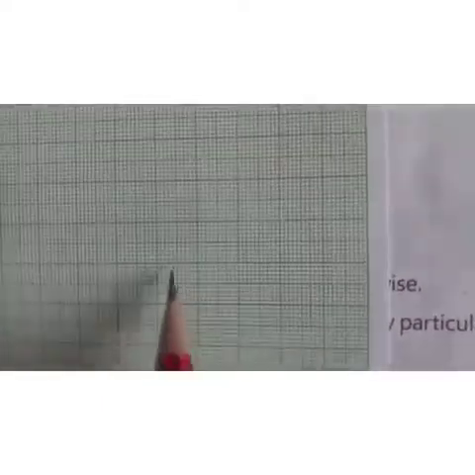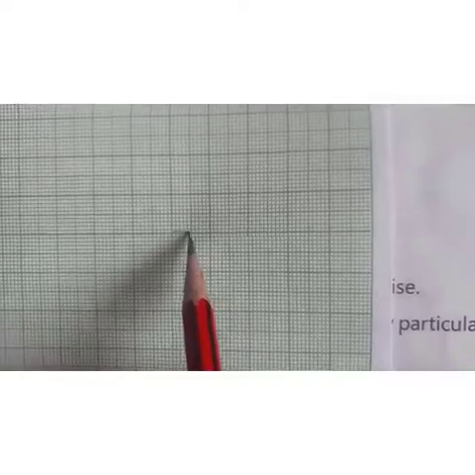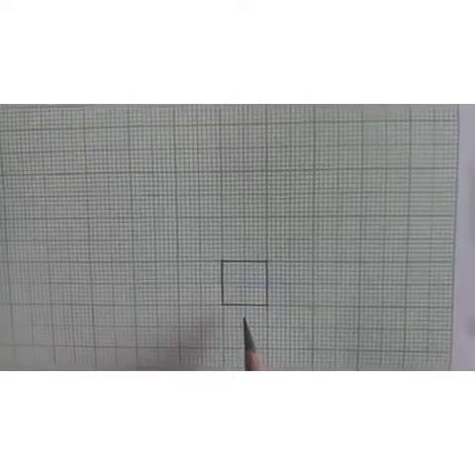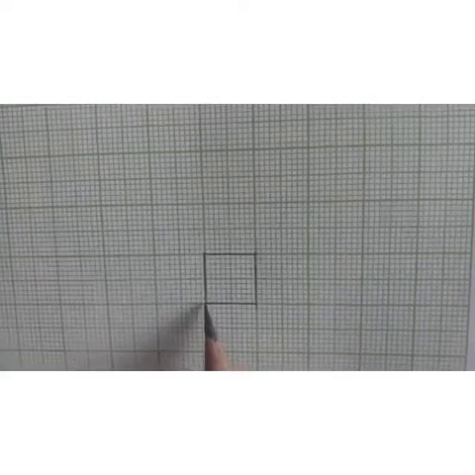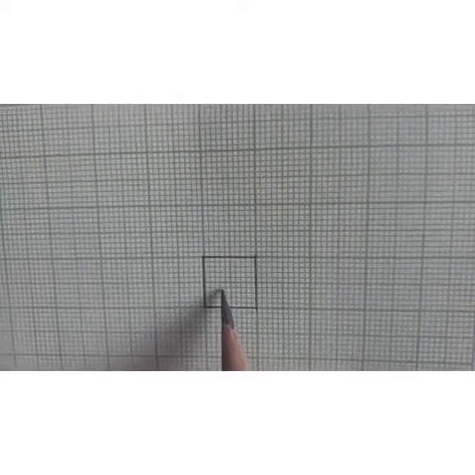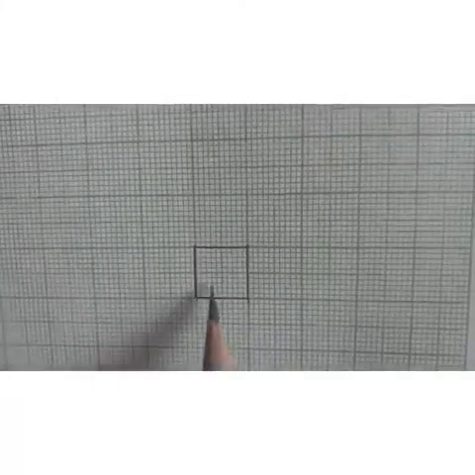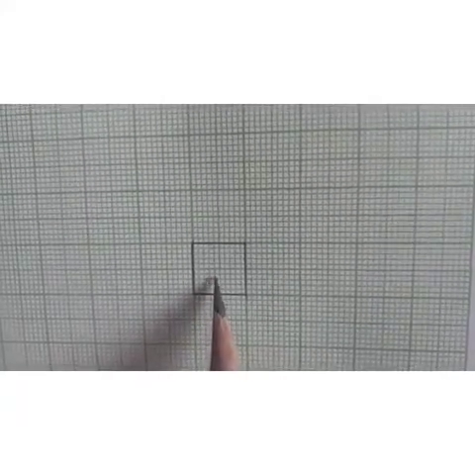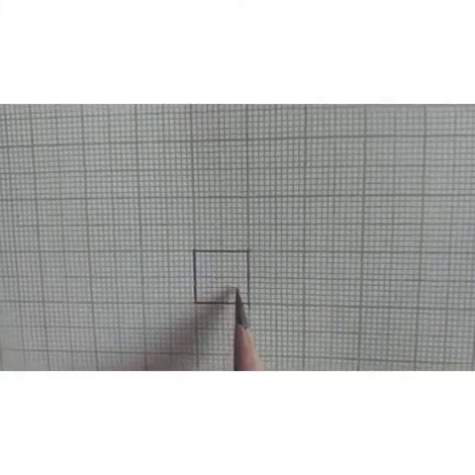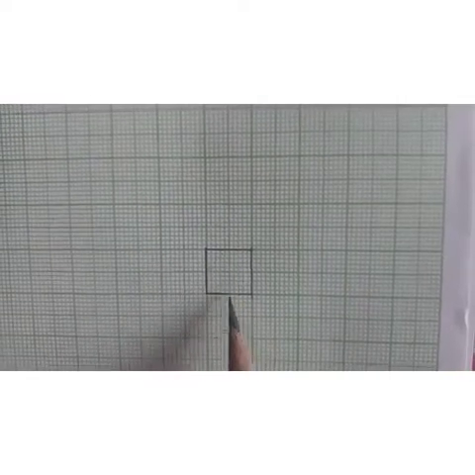See here children, if you consider one block, when you observe this one block carefully, we have 10 divisions. 1, 2, 3, 4, 5, 6, 7, 8, 9 and 10. Similarly, if you count like this, 1 to 10. So it is a 10 by 10 square.